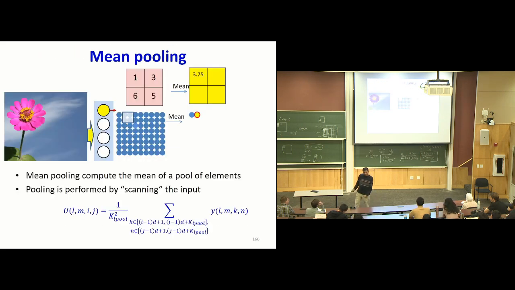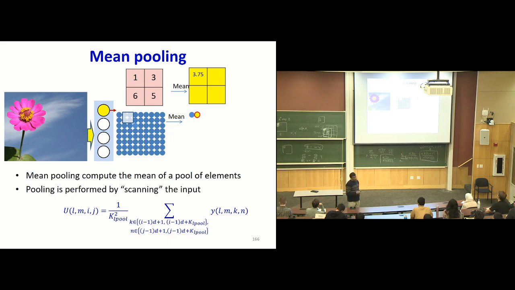What about mean pooling? Now mean pooling is somewhat different. Mean pooling, you're actually taking the average. So this value is the average of all of these four, which means it's the sum of these four terms here divided by the size of the window itself, the size of the filter itself, right?